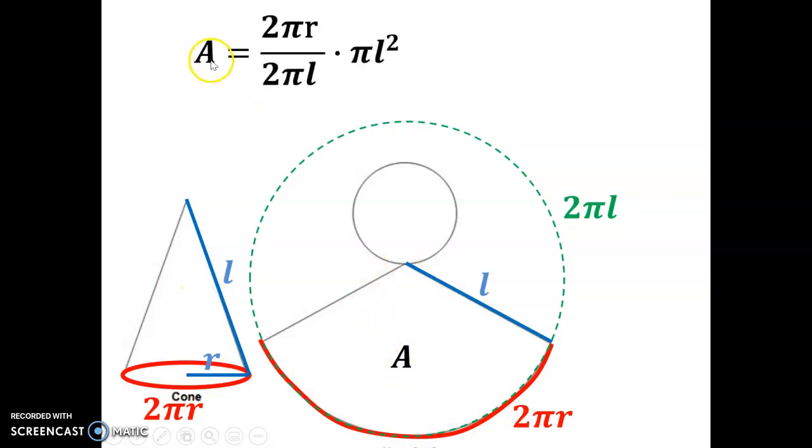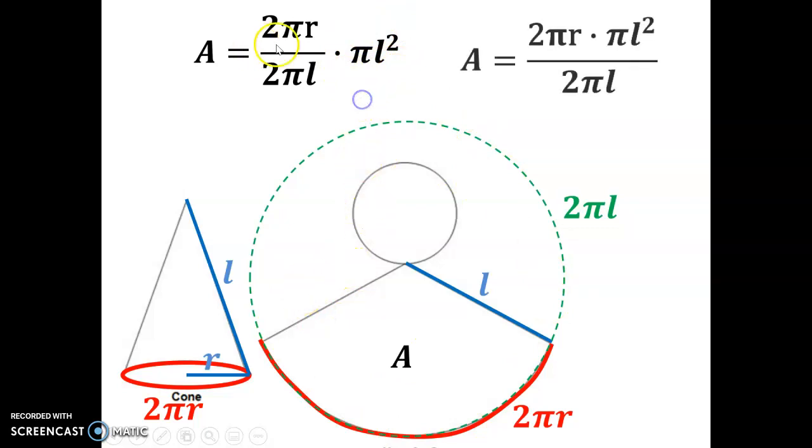What we do to find that area is we say 2 pi r over 2 pi l, because we have this red portion out of the full circle. So we're saying what portion is this of the full circle? It's kind of like what we did with sector area or arc length. So we have 2 pi r out of 2 pi l, the whole thing. And then we multiply that by pi l squared. So we're saying basically we have this portion of the circle, and now we're going to find the area of it. So we're going to multiply by pi l squared, which is the area of this full circle. All right, so a little bit tricky, but I hope you're following.